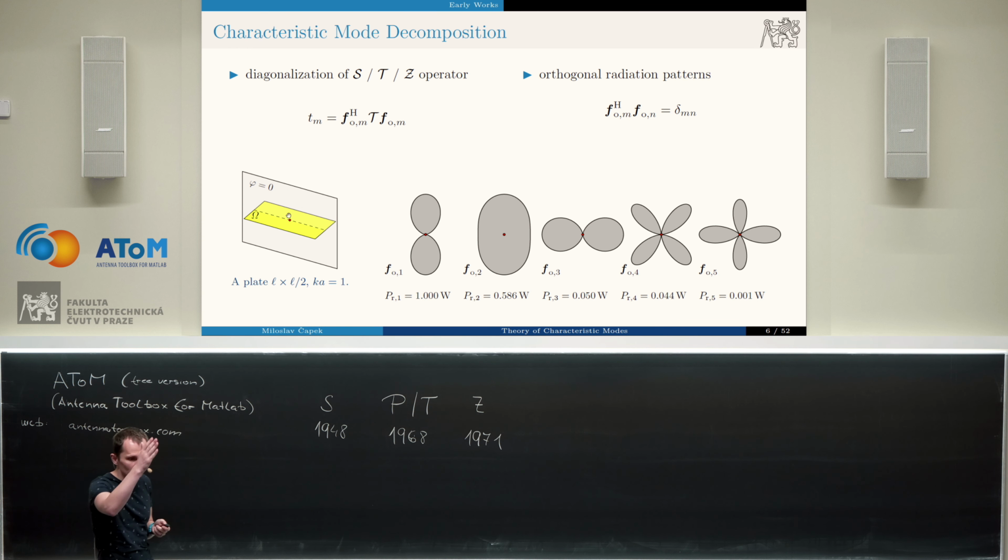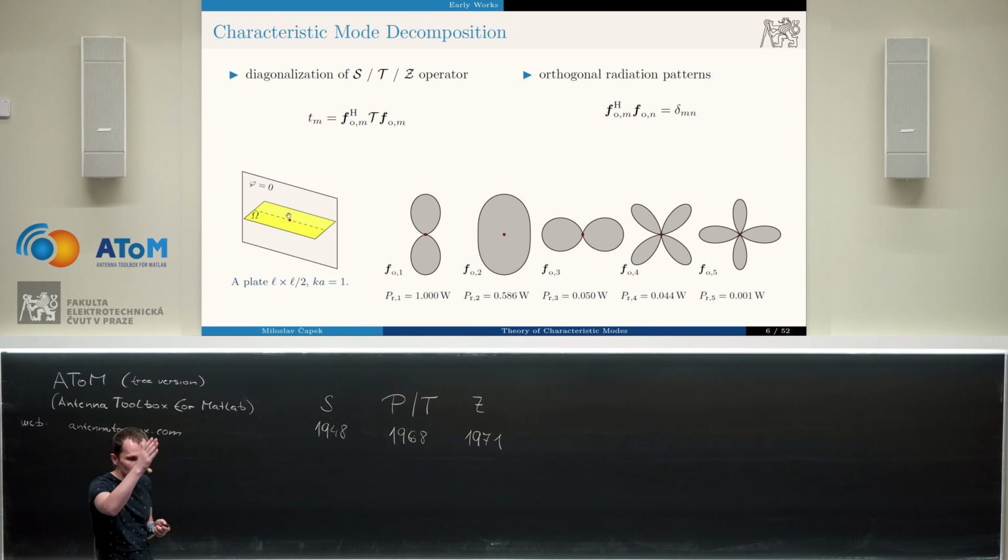Okay, now a few words on characteristic numbers and their meaning. Once again, let me compare all three possible approaches. Either decomposition of a scattering matrix S, and here you can directly see that instead of the analytical operator, we use a matrix, an algebraic structure. That means that we can really numerically evaluate what characteristic numbers are.